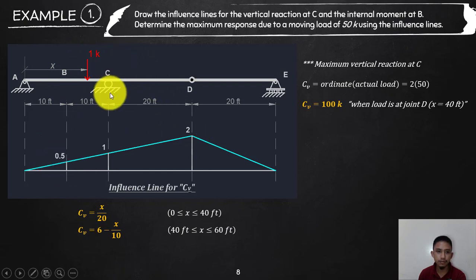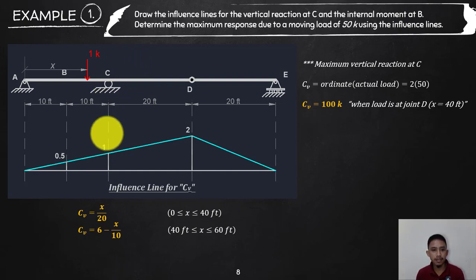If you want the value of the response when that is exactly on top of the support under consideration, then by using this line diagram and ratio and proportion, that will be exactly 1, which is true. It will be carrying the entire force since that is on its top. That is the influence line diagram of our equation if x is from 0 to 40.